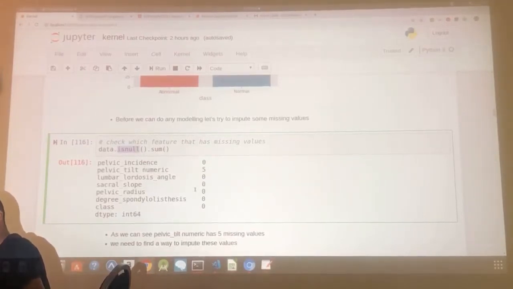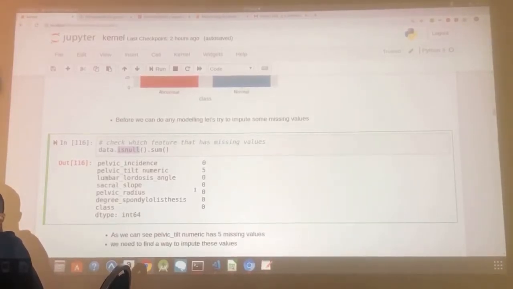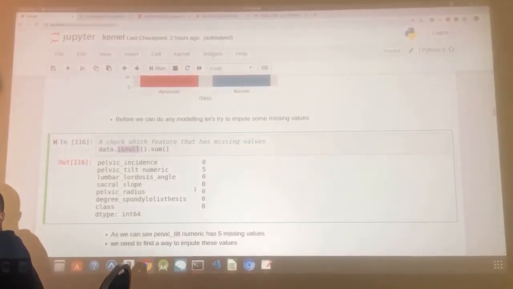A mean, because the mean is the average, so we are assuming that maybe those missing values are in the same range as the values that were not missing. For example, for age, if someone is missing, we may take the average of the others and assume that person belongs to the same range as those people.